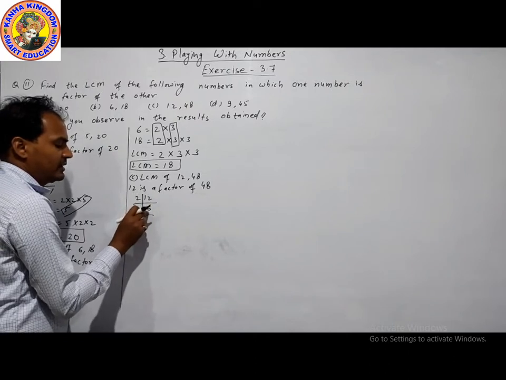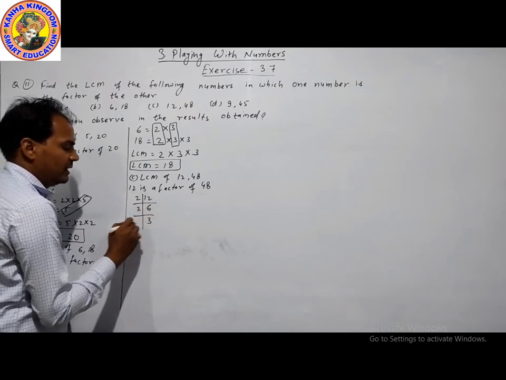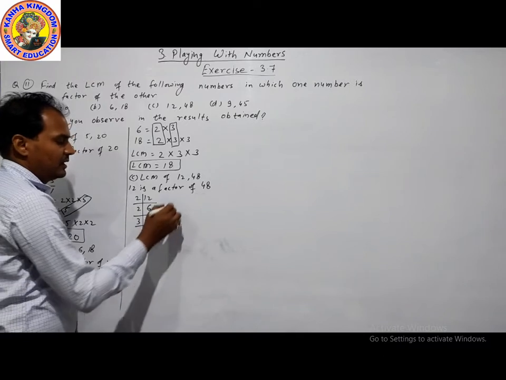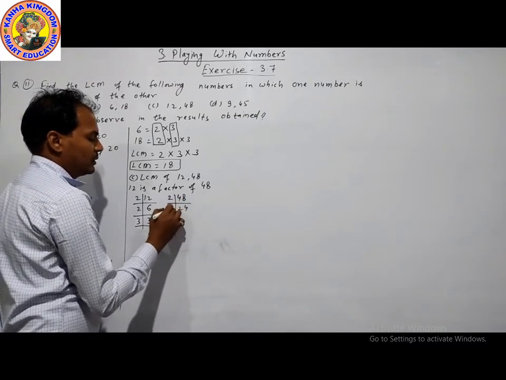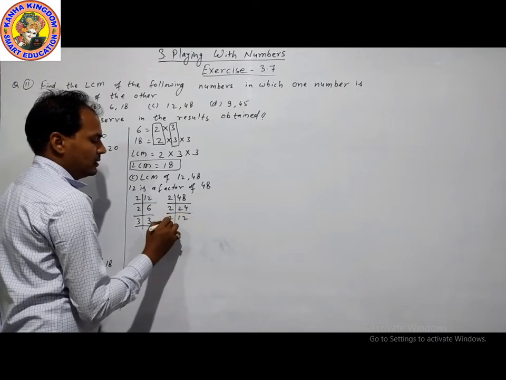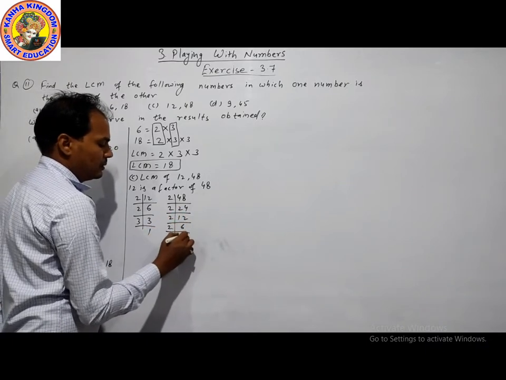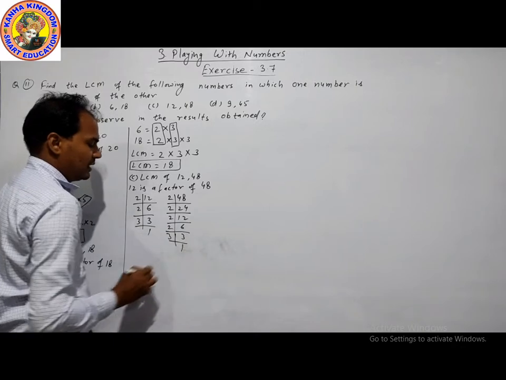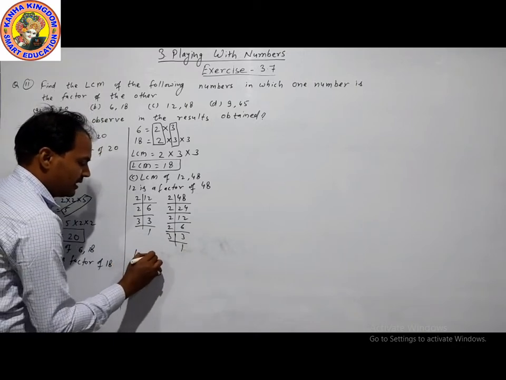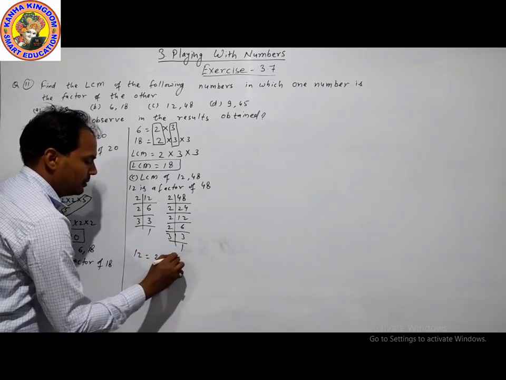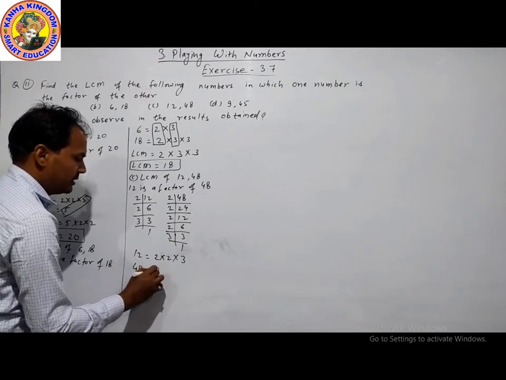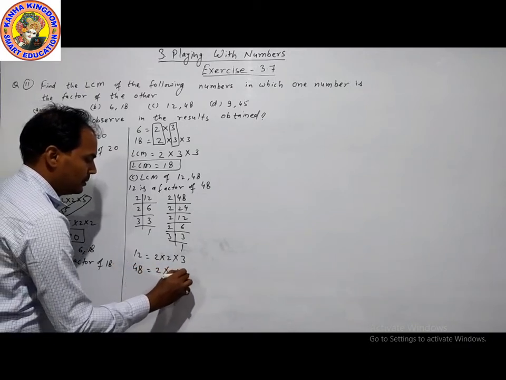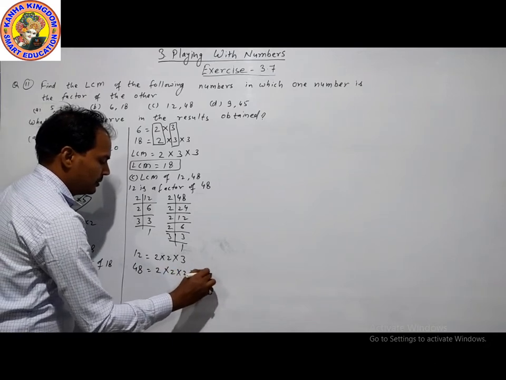Dividing by 2 get 6, dividing by 2 get 3, 3, 1. Now in 48, 2, 24, 2, 12, 2, 6, 2, 3, 3, 1. 12 can be written as 2 into 2 into 3 and 48 can be written as 2 into 2 into 2 into 2 into 3.